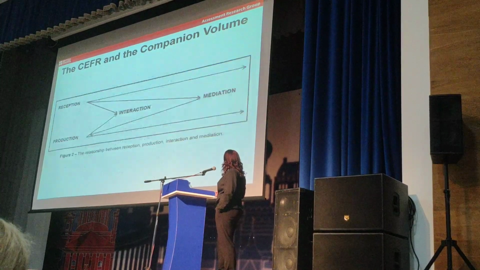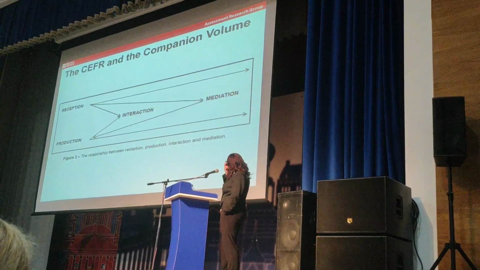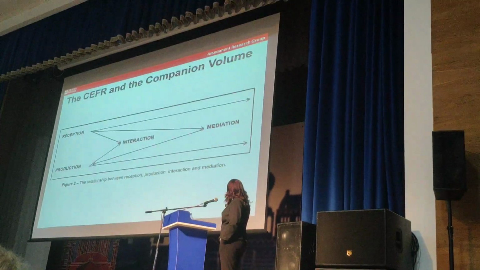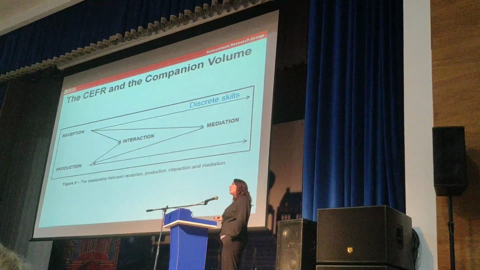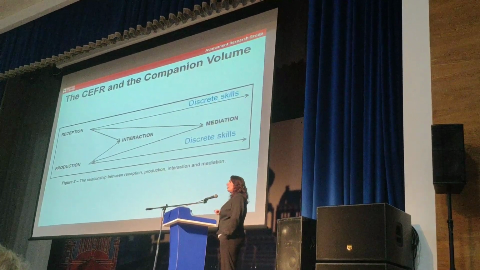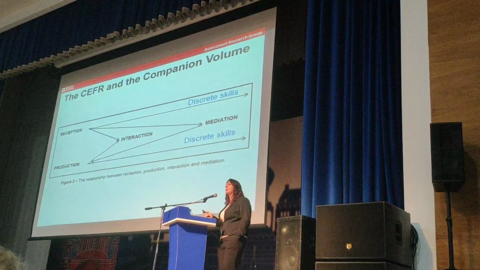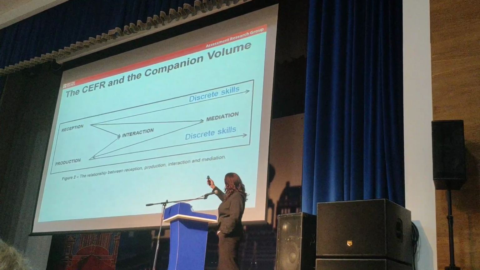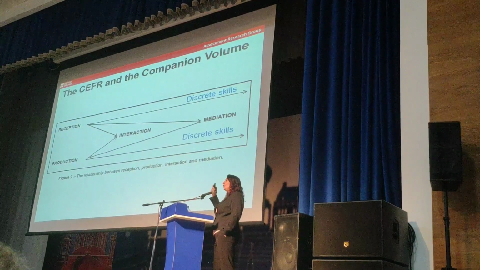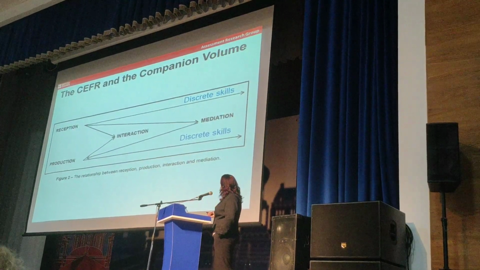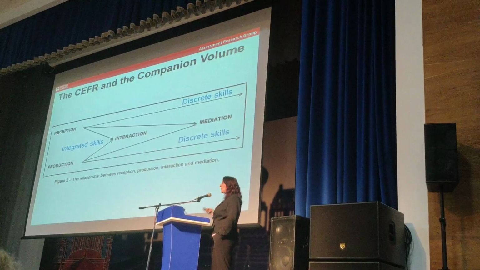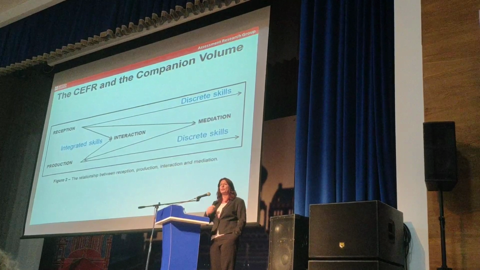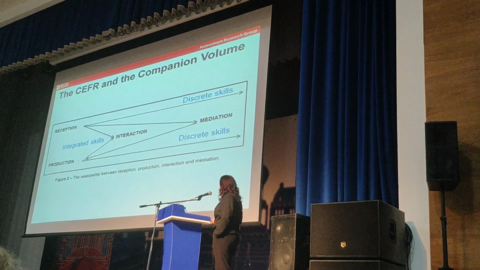So that's the CEFR. And what we see is that we can represent it like this. We have reception going along the top, discrete skills. We have production as a discrete skill. We're not losing the discrete skills here. But what we also have is reception, so reading or listening, feeding into interaction, which feeds into production. So I hear something and I respond to you. We have an interaction, we have a spoken interaction.